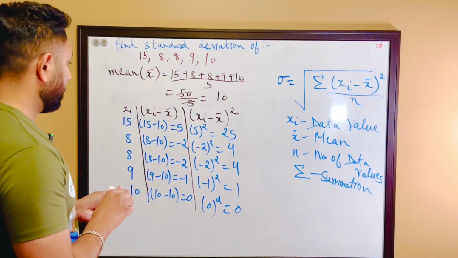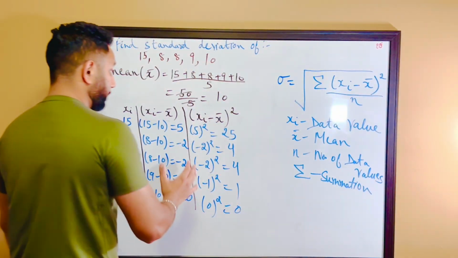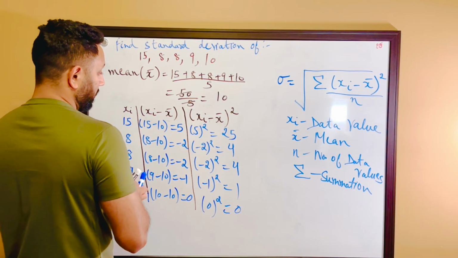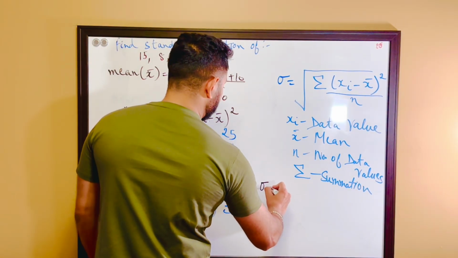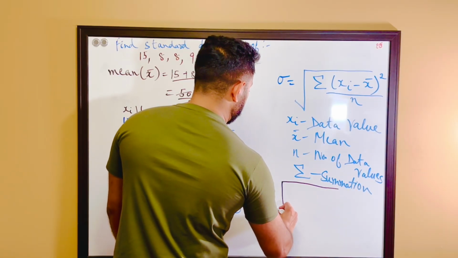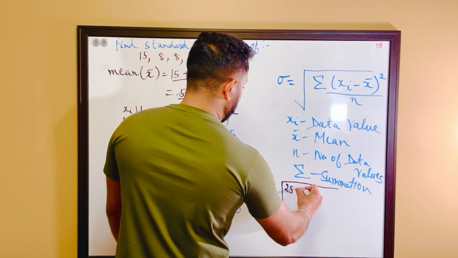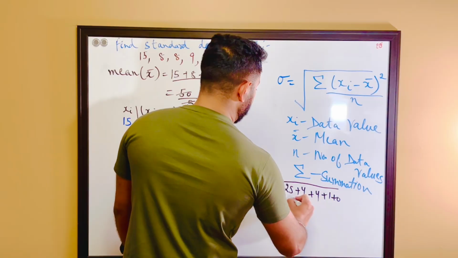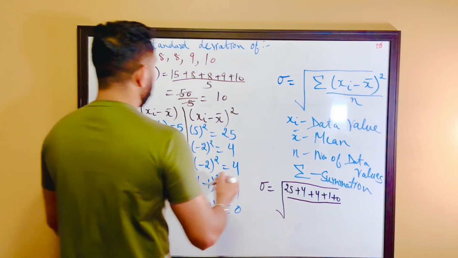So after that we're gonna take the summation. So that means we're gonna add these values. 25 plus 4 plus 4 plus 1 plus 0 divided by n. n means 5.